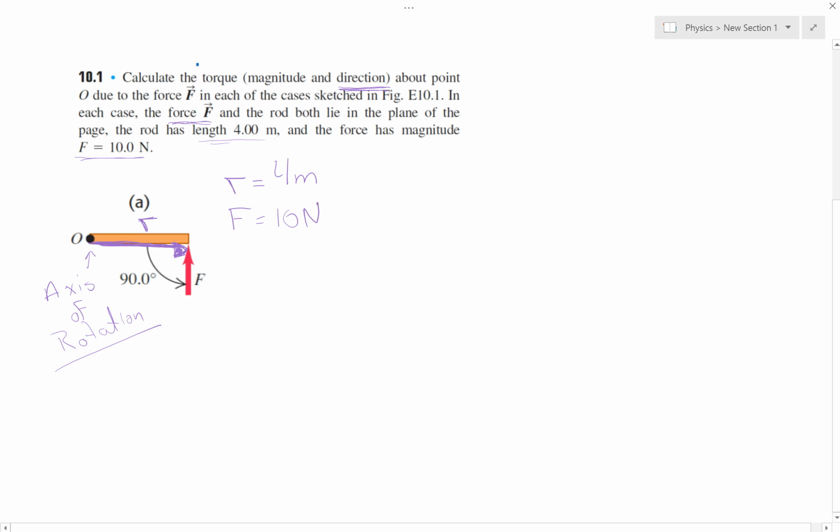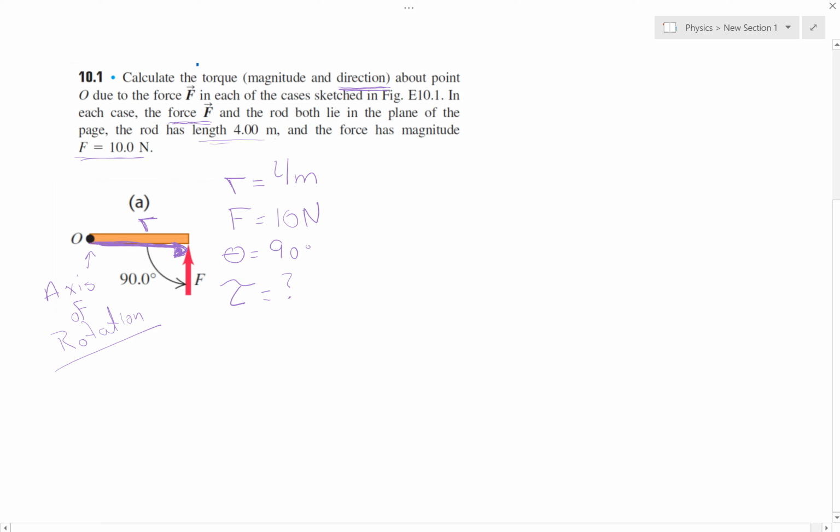Another useful piece of information that they gave me is the angle between, and if I look at the picture, it's an angle between our lever arm and our force, which is really good because that's exactly the angle that we need in our formula for torque. So that's given to us as 90 degrees. The next thing I'm going to do is write out our unknowns. So those are the things that we do know. What we don't know and what we'd like to find out is the torque.